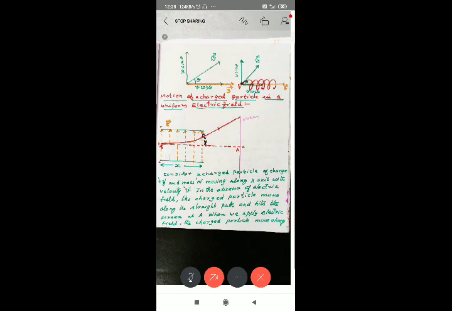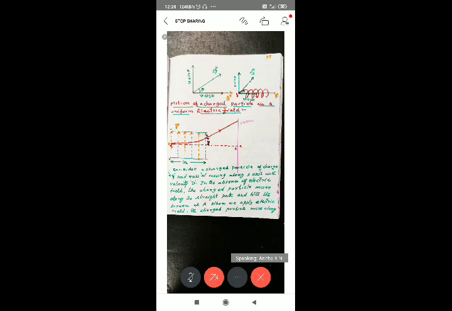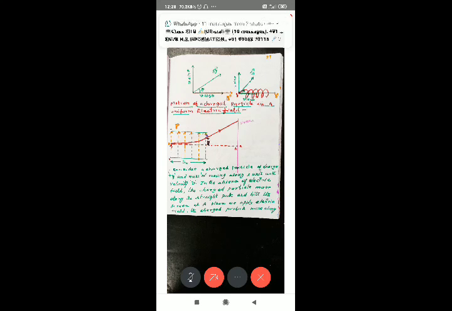Next is this figure. Next one, motion of a charged particle in a uniform electric field. Why again electric field here? We are studying the magnetic field. Here again we are discussing the electric field, because when both fields come together, what happens? That we have to study.